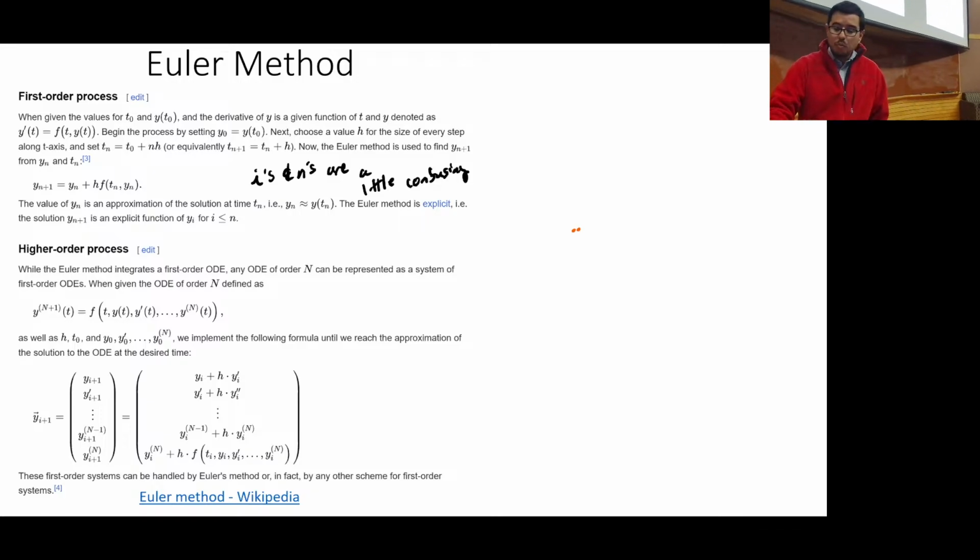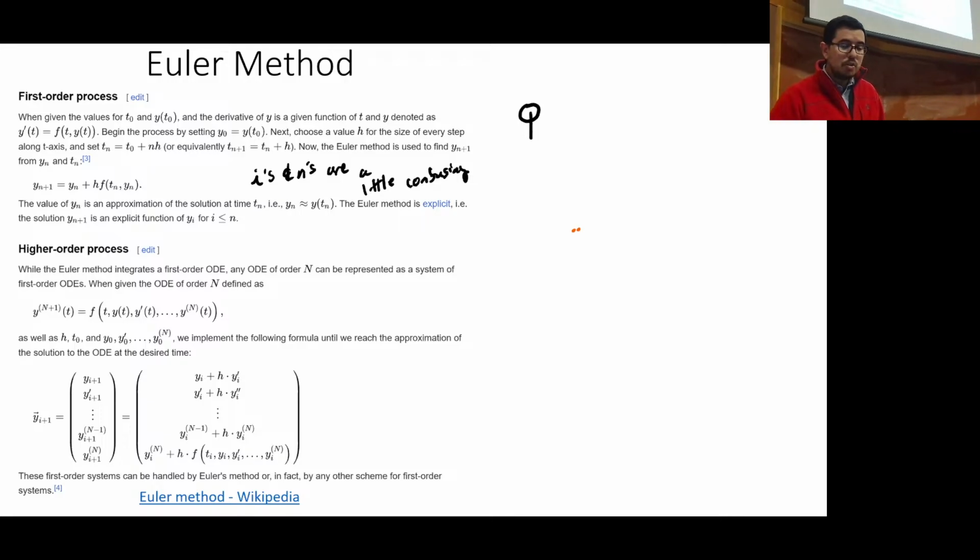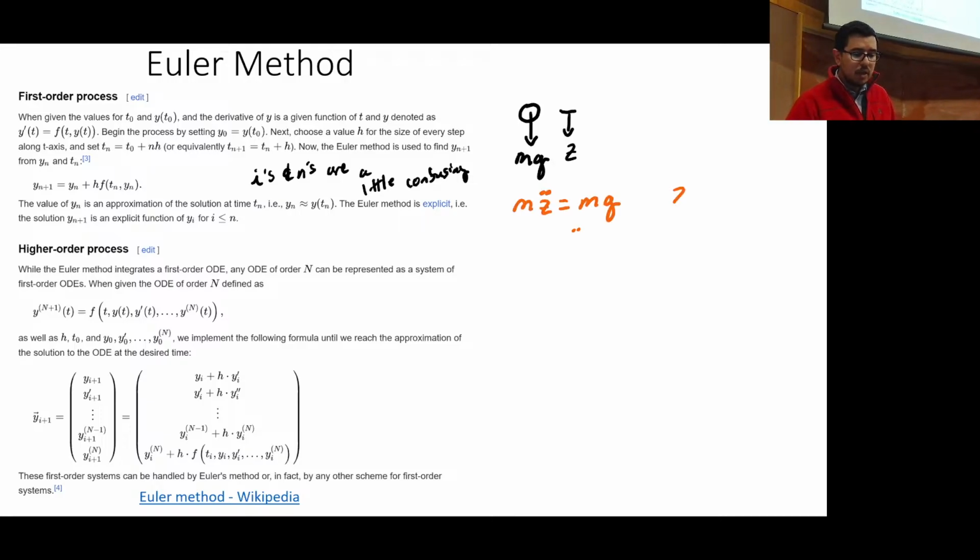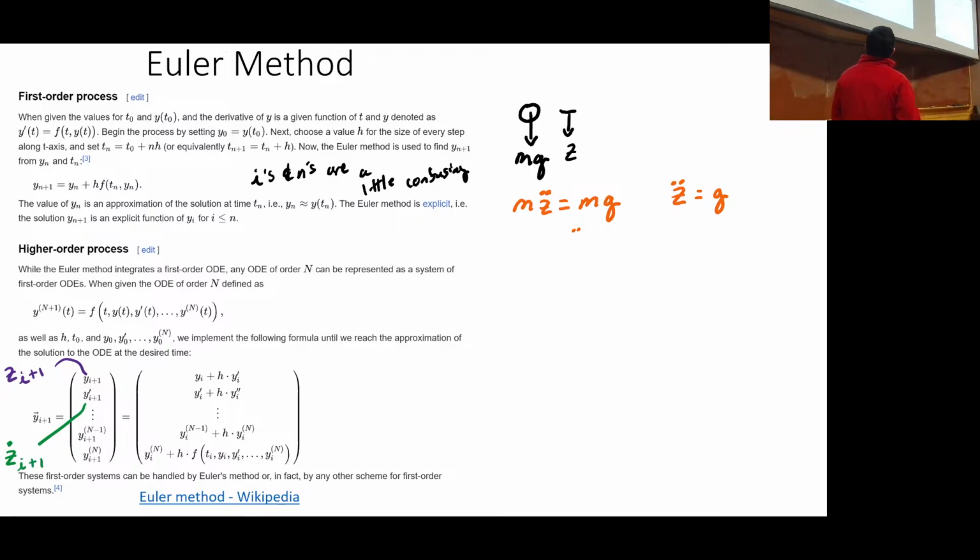So what we do here, remember all this, is we create a column vector on the left that is going to have our velocity and our position. So z dot i plus 1 is the velocity in the next time step. z sub i plus 1, or n plus 1.